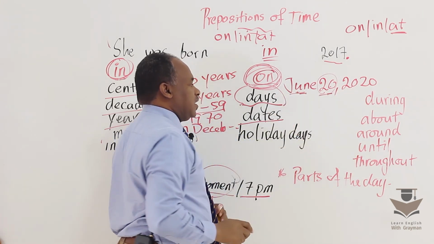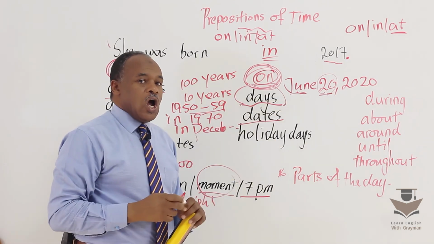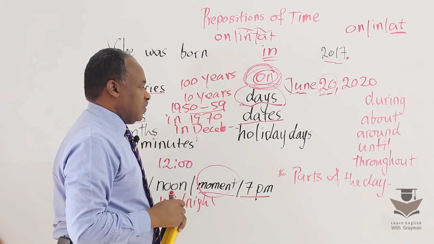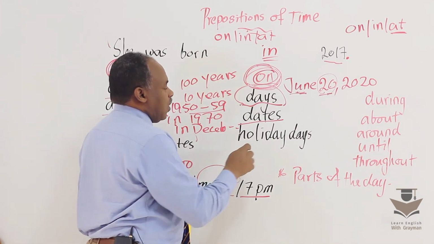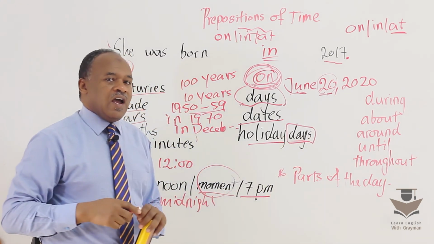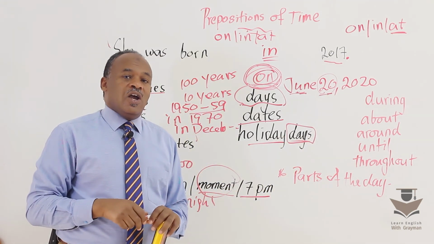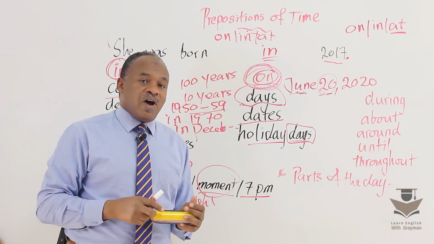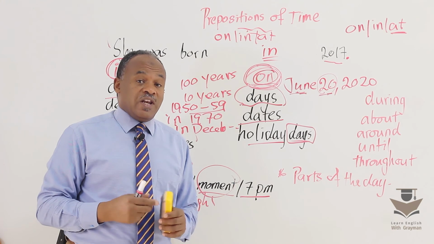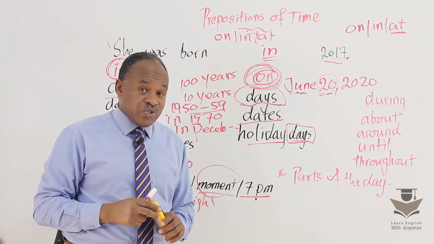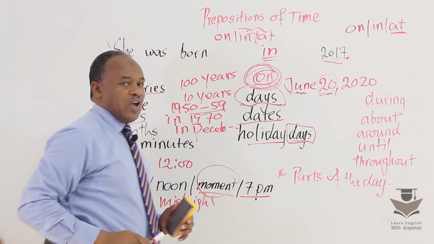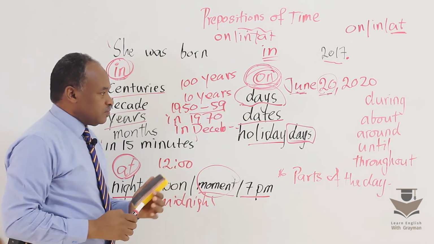In that case, we say on. We say on June 20th. Okay. And if there are holiday days, for example, Christmas Day. Some other people in different parts of the world have Eid Day, and they have a National Day, Independence Day. They all go with on. Okay? That's about this one.